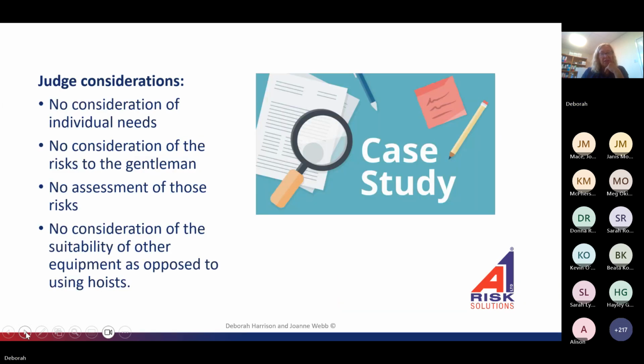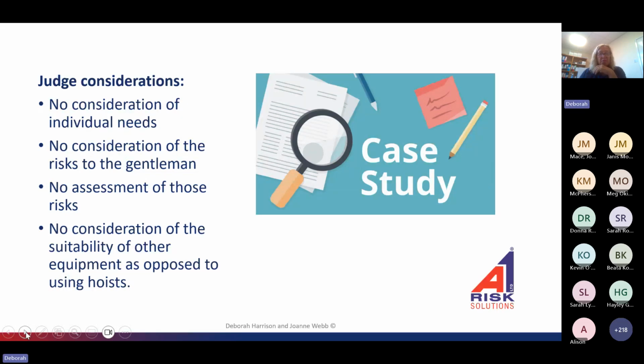So I just want to talk you through a very brief study, and I think you've all come across these case studies in your own work. I'm very fortunate in my job role, I'm very blessed. I get to speak to great people like you, but I also continue with my clinical work as well. There's been lots of considerations from case law.